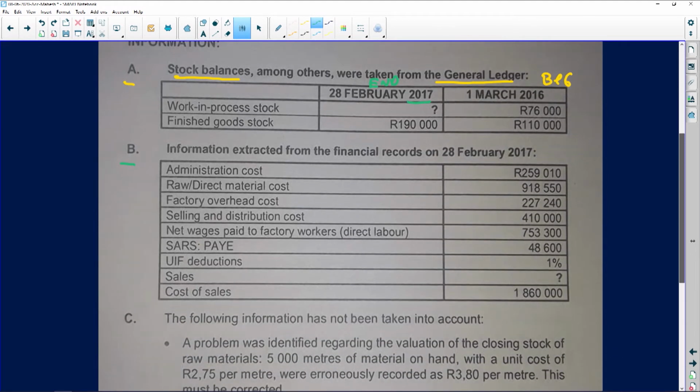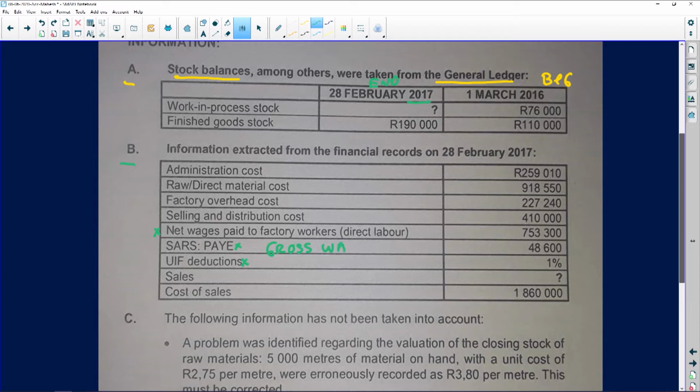I'm given admin costs, direct material cost, factory overheads, selling and distribution cost. Very, very interesting, they're giving me net wages, SARS, PAYE, UIF deductions. So clearly I can see they are not giving me the gross wages.